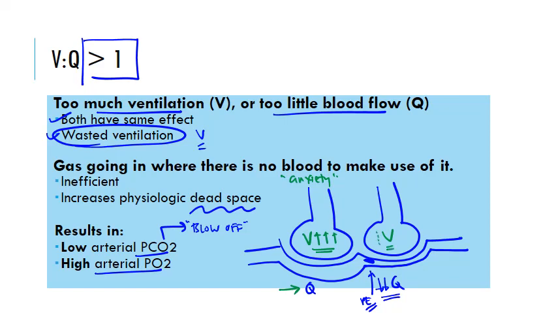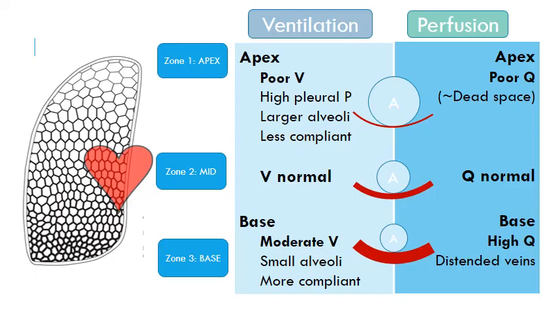It can even reduce a little bit, but as long as that Q is quite low, the ratio is still greater than 1, and it's going to result in these characteristics of the blood being low arterial PCO2 and high arterial PO2.